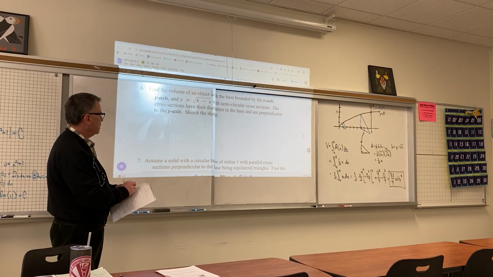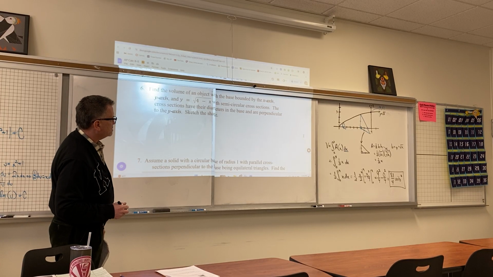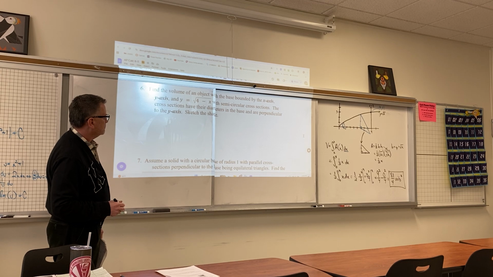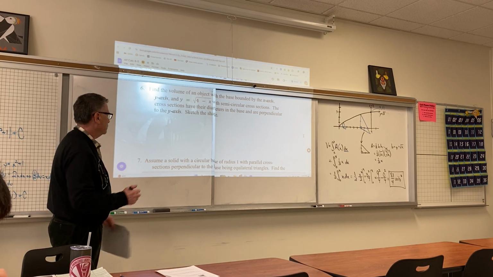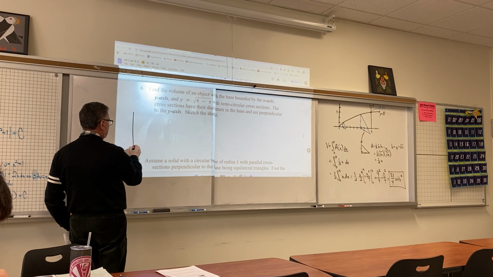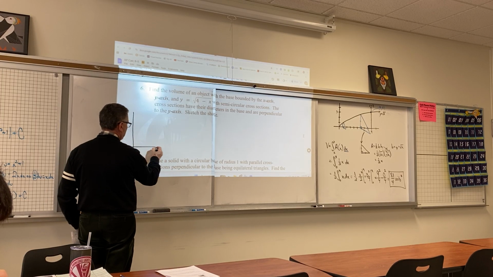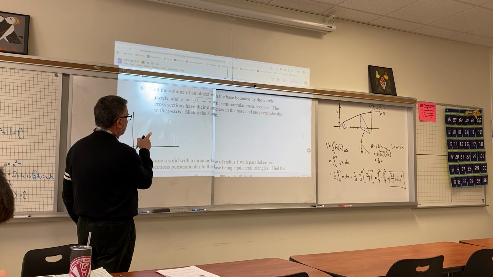Okay, so x-axis, y-axis. The cross sections are semicircles. The base of the semicircle is in the graph, perpendicular to the y-axis. So let me draw that. Okay. So we got that. X-axis, y-axis, here, here, and I've got that.